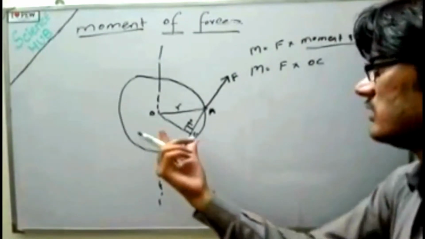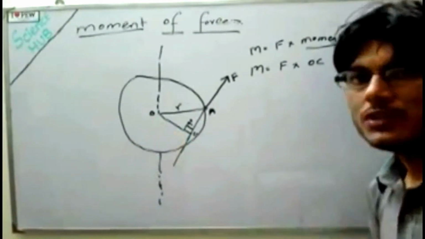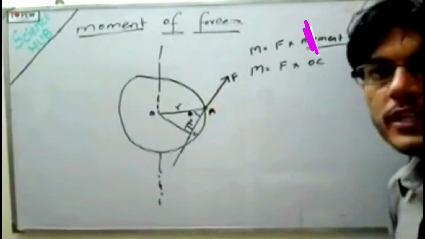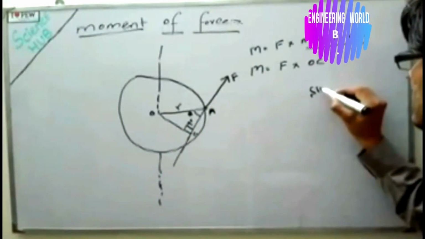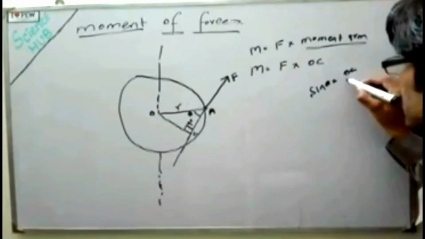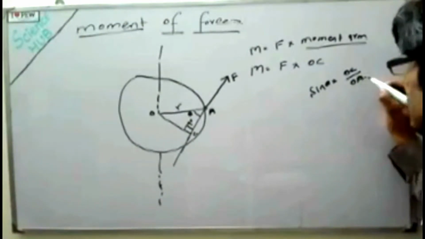Now we are interested in OC, and how do we find the OC? Let's say this makes the angle theta, and we know that sine theta is equal to OC divided by OA.